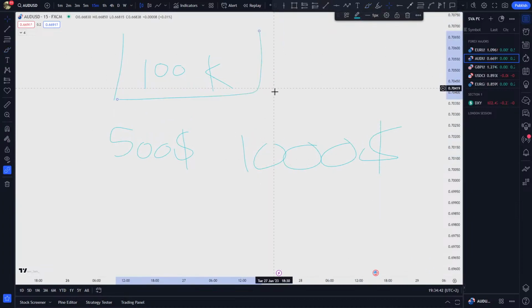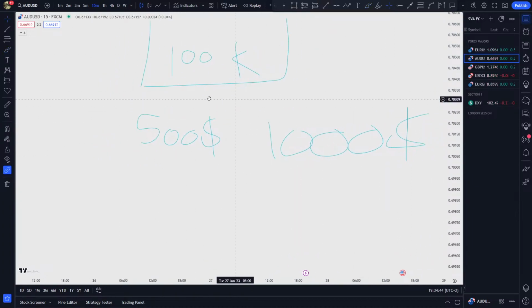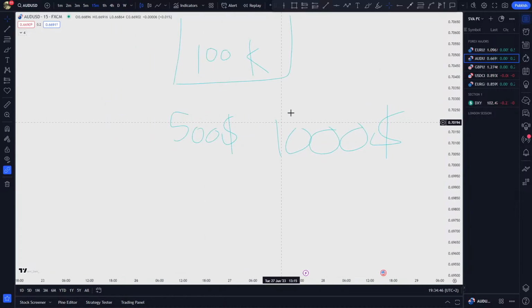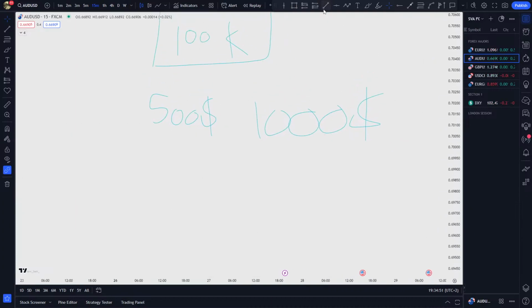And I don't really change this risk at all. I don't touch it unless it's a really aggressive setup like today, like the US31, in that case, I'll reduce it to 250, which is 0.25%.